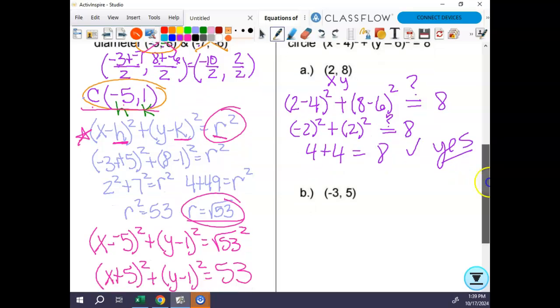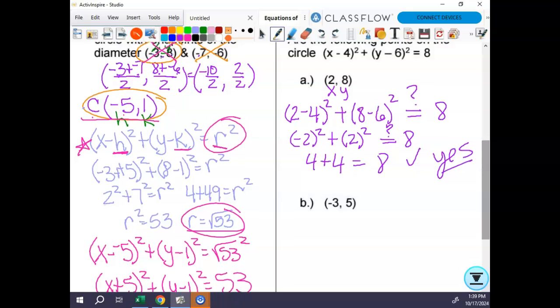Not bad at all. So then if we do that again with this one, I'd have negative 3 minus 4 squared plus 5 minus 6 squared. And then I want to know, does that equal 8?